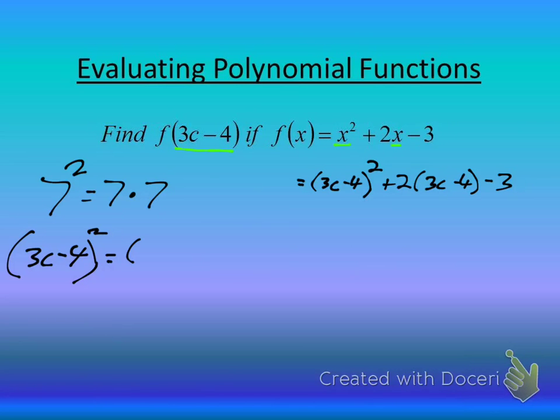Multiply it by itself, which would be 3c minus 4 times 3c minus 4, which is going to become what?